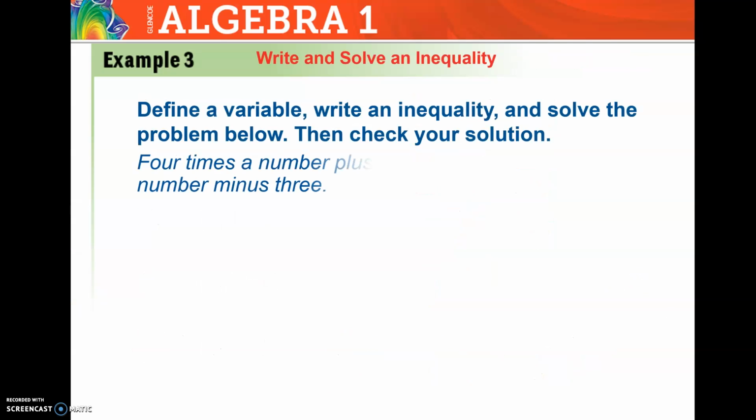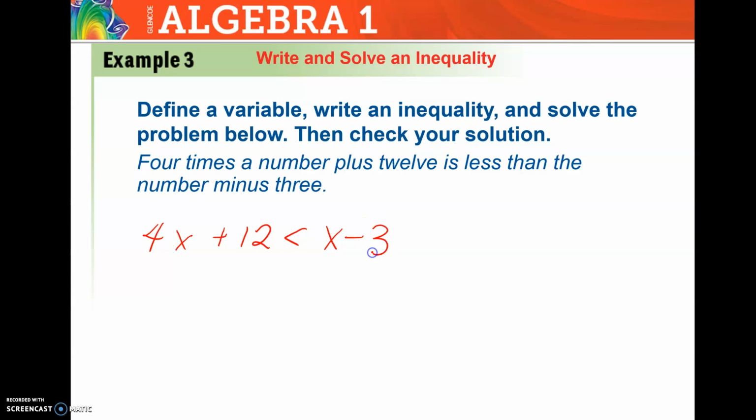All right, we're going to look at where if I have to write it out, if it's written out. So 4 times a number plus 12 is less than the same number minus 3.